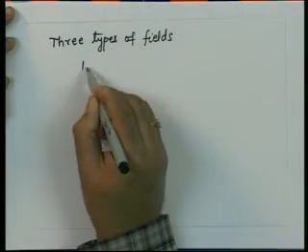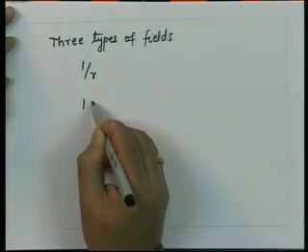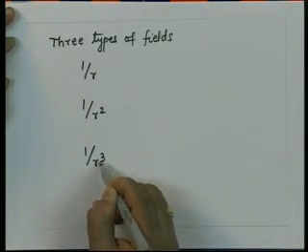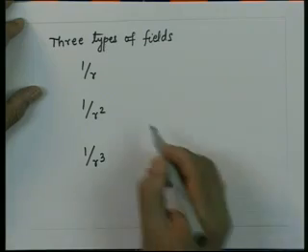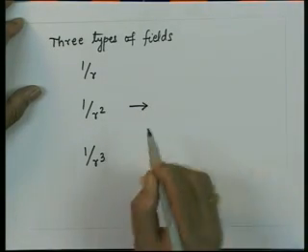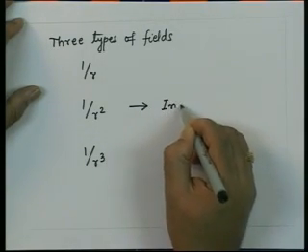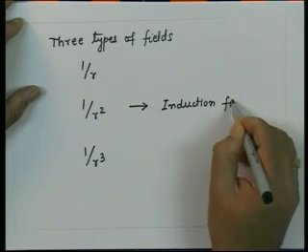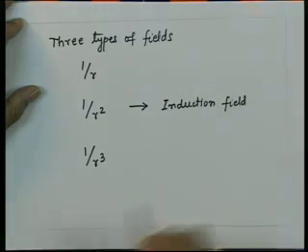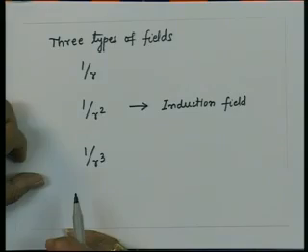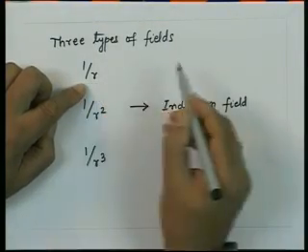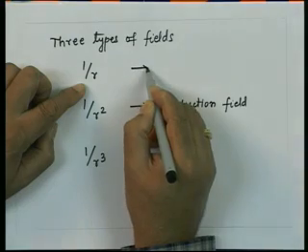So, firstly we have three types of fields: 1 over r variation, 1 over r square variation, and 1 over r cube variation. The 1 over r square term, as we already saw, we call the induction term or induction field. The 1 over r term, which is a new term, is the term which we call the radiation field.